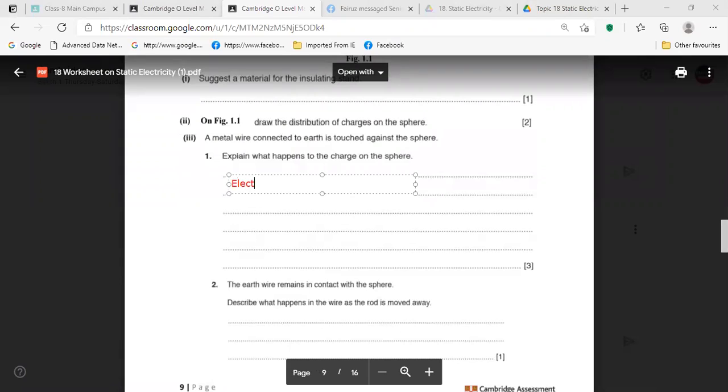Electrons from the sphere will travel towards the ground.